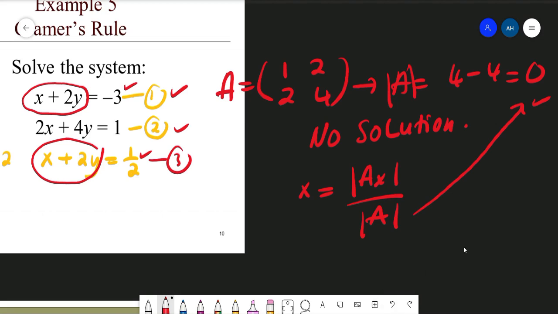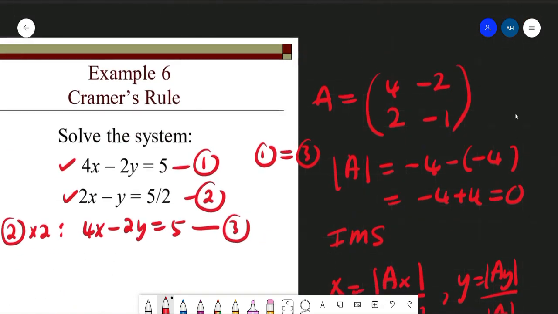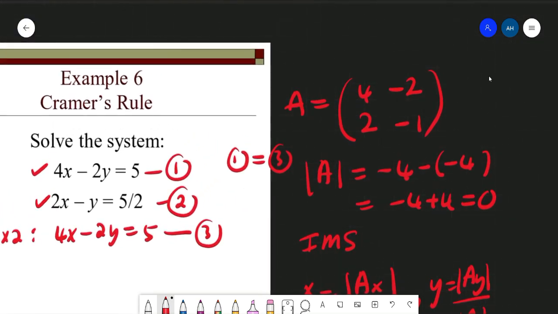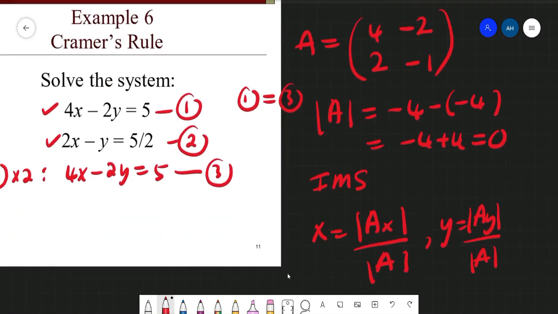What I mean to say is, when the system of linear equations has either no solution or infinitely many solutions, this method, that is Cramer's rule, fails, meaning we cannot use it.